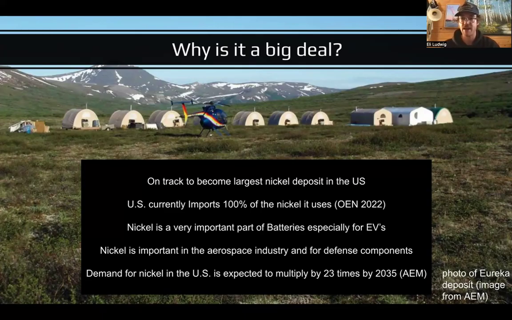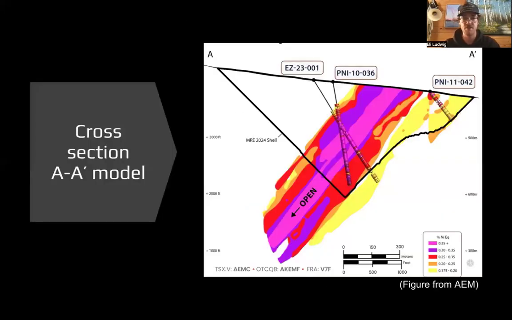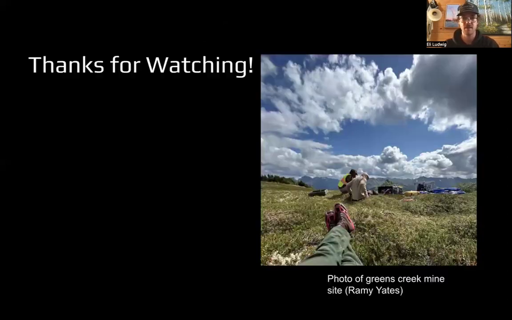And so to have access to this nickel deposit is great because this could allow us to become more self-sufficient, and it's going to be a big financial boost. This is some of the models of the Eureka deposit and some examples of how those later stage 4 mineral exploration techniques are being used to gather that data.